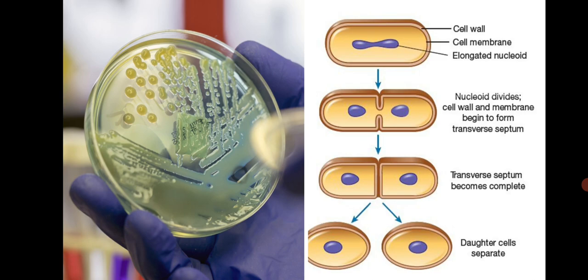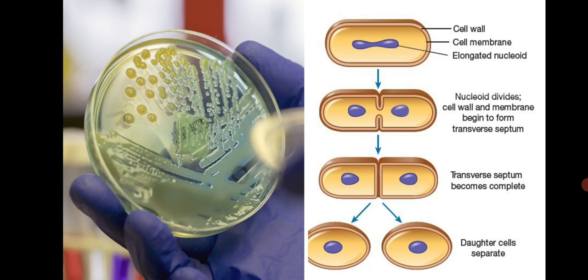This is the diagrammatic representation of how exactly asexual reproduction through binary fission takes place in a bacterial cell. In the very first picture, the first step, you can see the normal structures, which are the cell wall and cell membrane, and an elongated nucleoid.